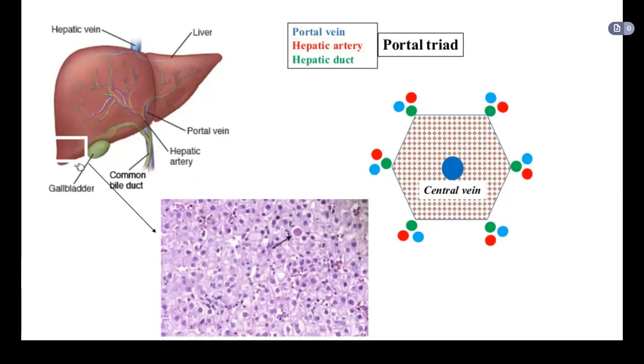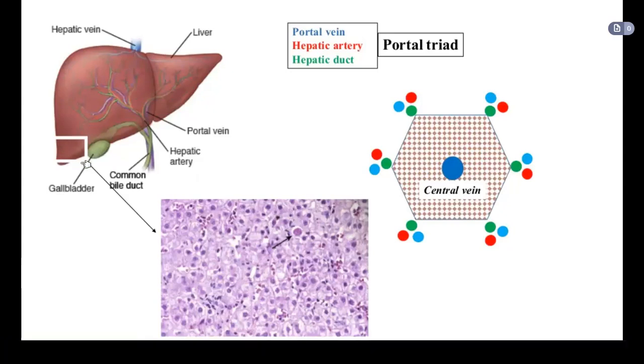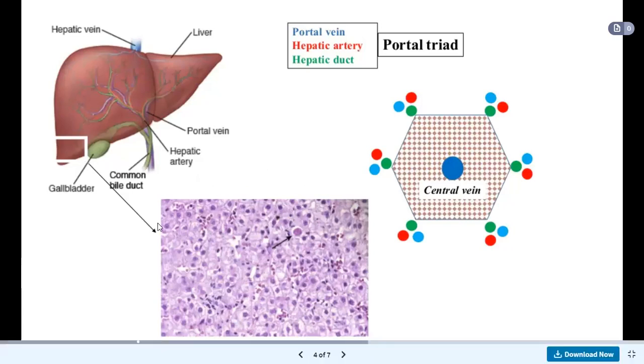Now, if I cut a part of the liver, any part of the liver, I will get a liver cell, which is called a hepatocyte. One liver cell is called a hepatocyte. So this is like the histology of a hepatocyte when I cut a part of this liver.